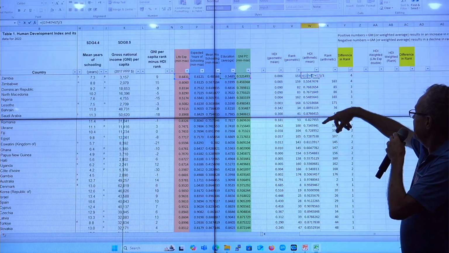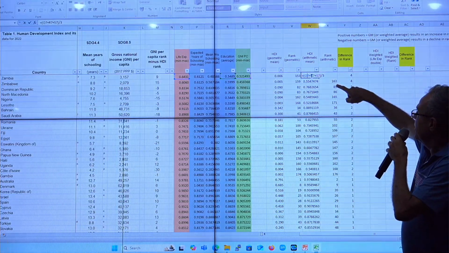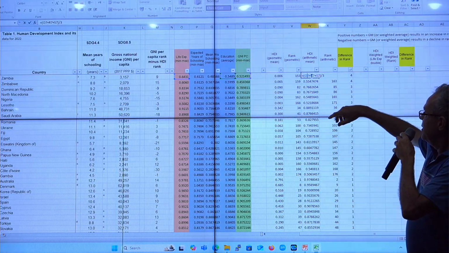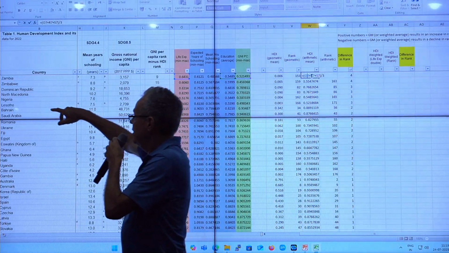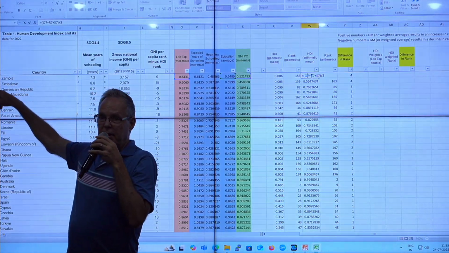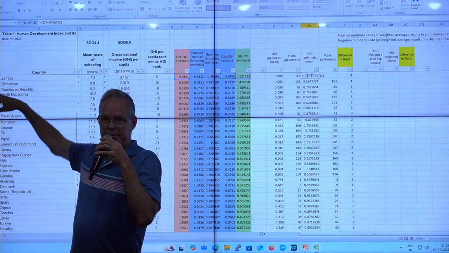So that's the average value, and here's the rank arithmetically. So what you see is that the original HDI does use a geometric mean.